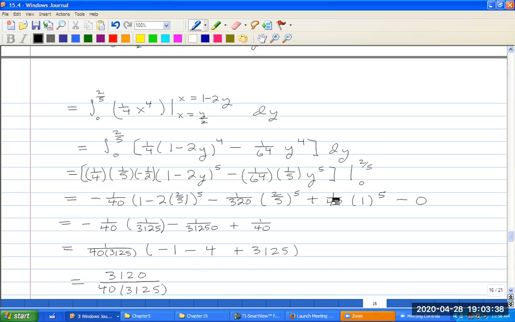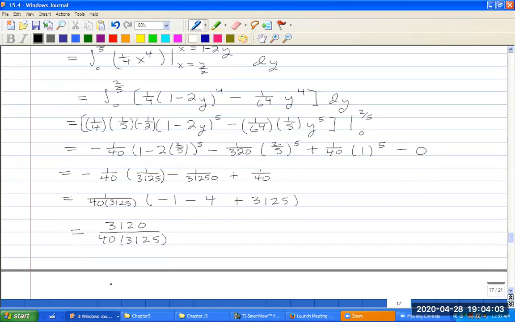And then 1 over 40 times 1 is just 1 over 40. Let's factor out a 40 and a 3125. And so that just becomes minus 1 here. This becomes, well, you need a 4, so minus 4. And here you need a 3125. Minus 5 is 3120 over 40 times 3125.